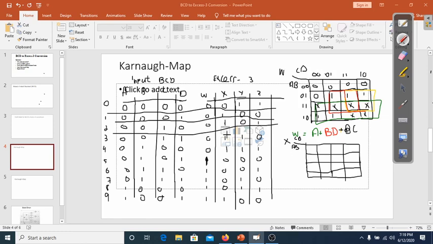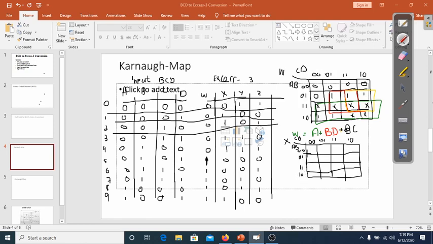Now when A, B, C, D are 0, let me fill this first. Here is 0 1, then 1 1, then 1 0. Here is 0 0, then 0 1, then 1 1, then 1 0.